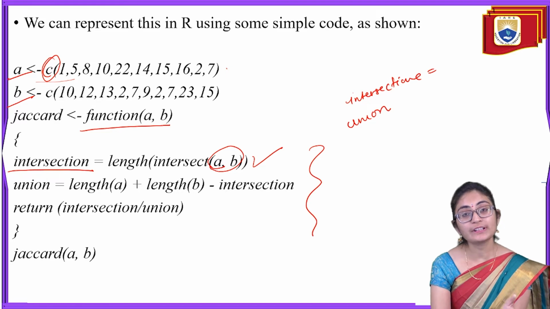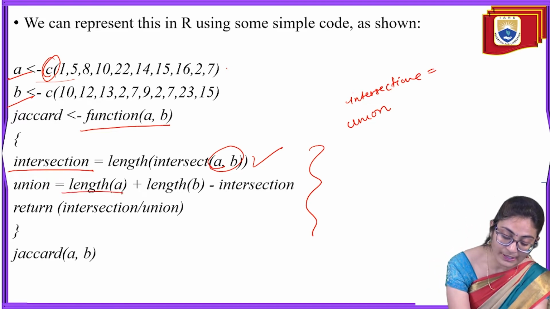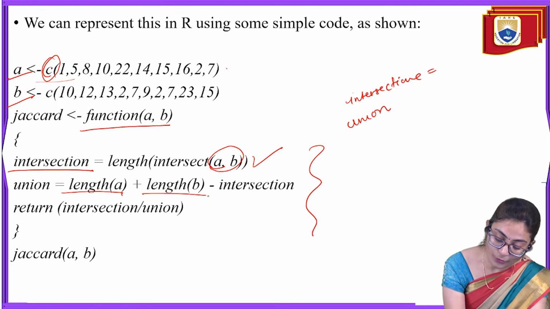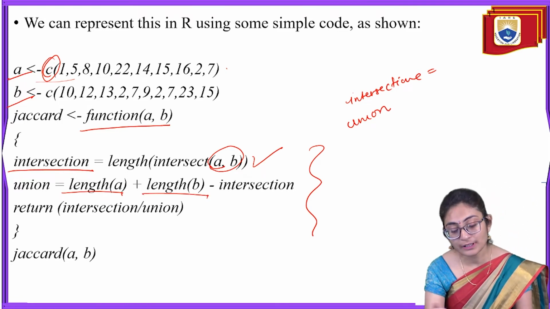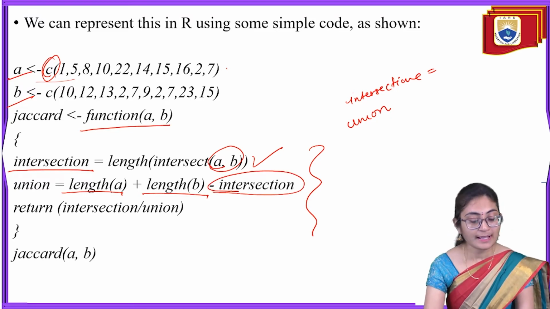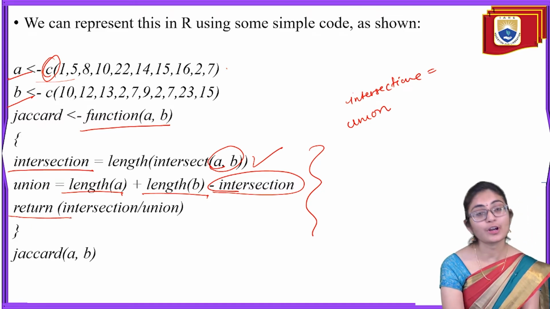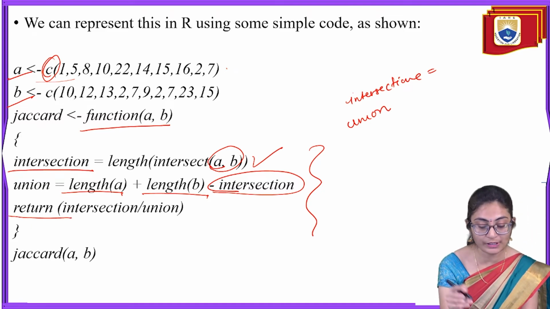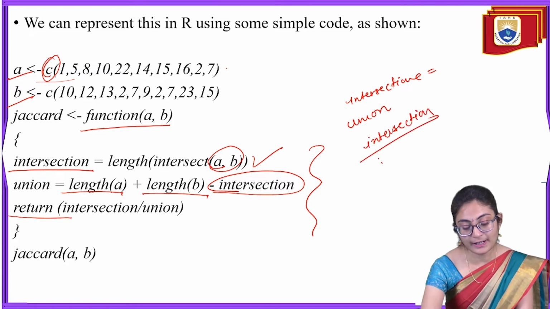Then union: you have to find the length of A plus length of B, and subtract the intersection value. After that, you use the return function, returning intersection divided by union.